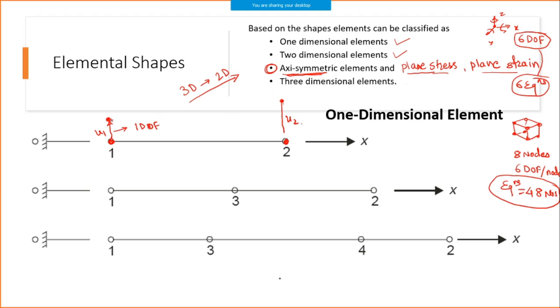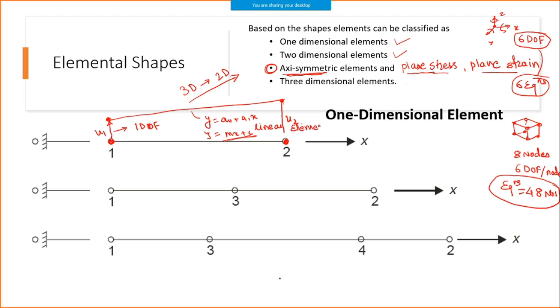Obviously these 2 points will be joined with only a straight line, and that equation is typically a0 plus a1x, like mx plus c. That is a straight line, and that is why it is called a linear element.